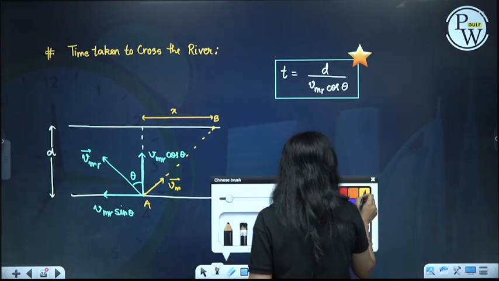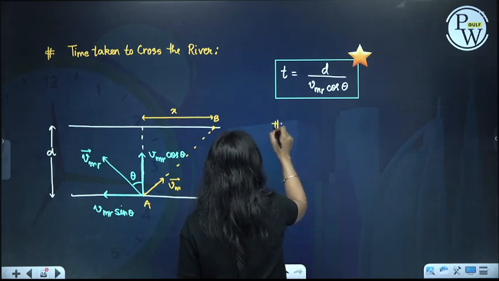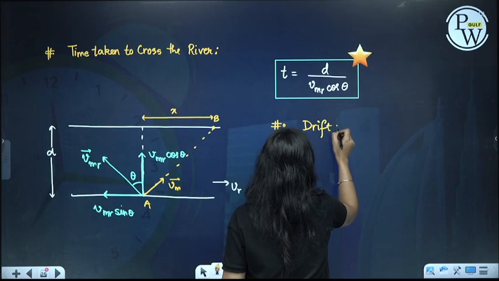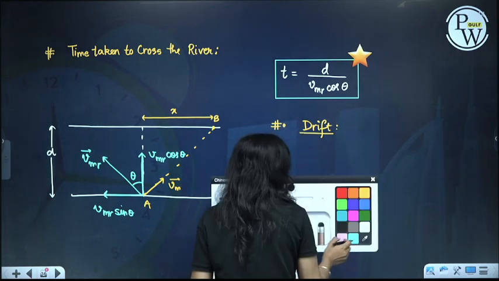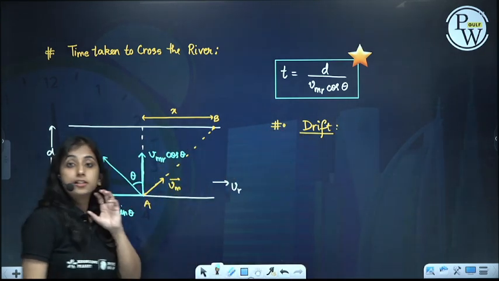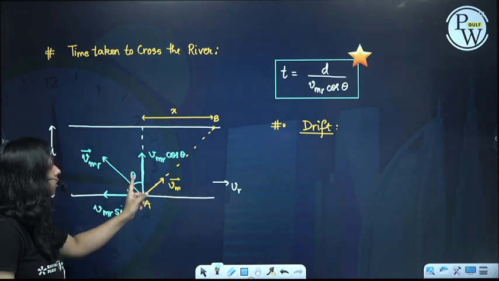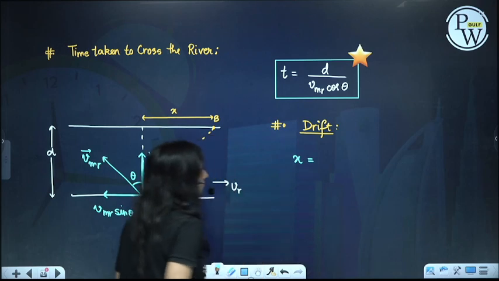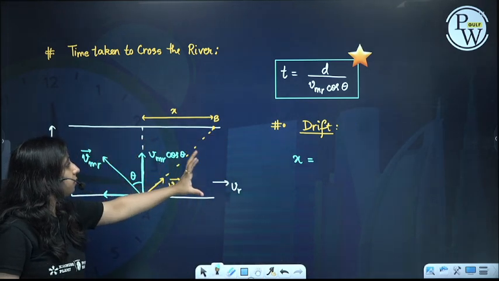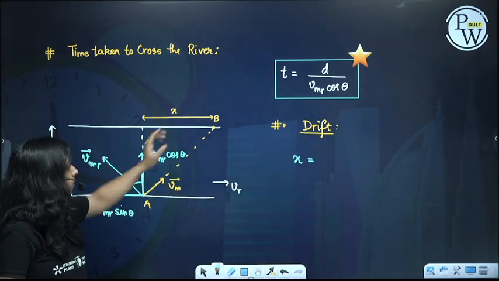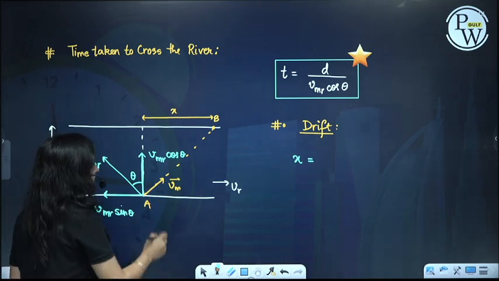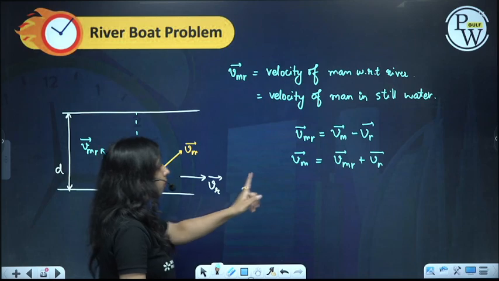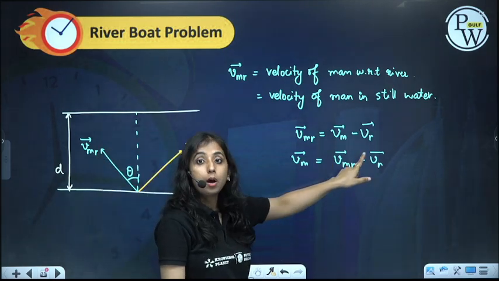Now let's find drift. Drift x is the displacement in the direction of flow of the river. What is my velocity in x? The velocity of man from the ground is vmr plus vr.